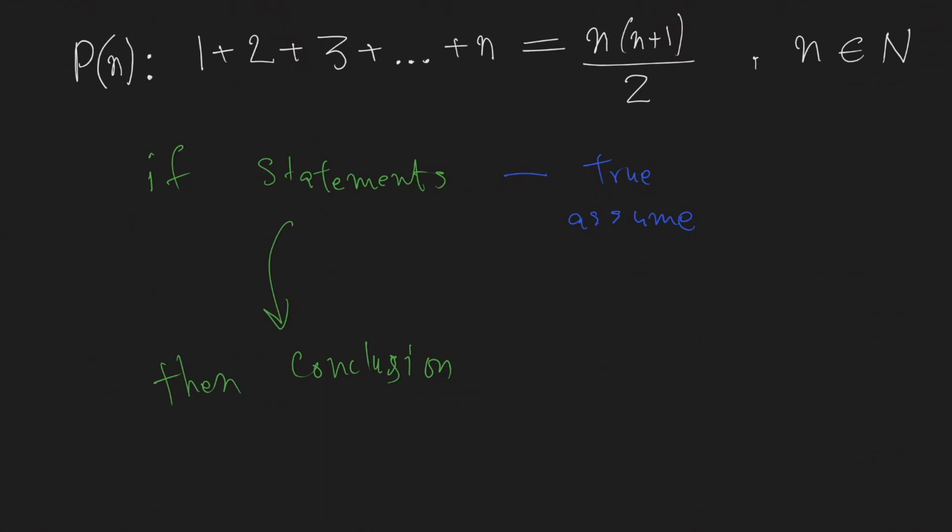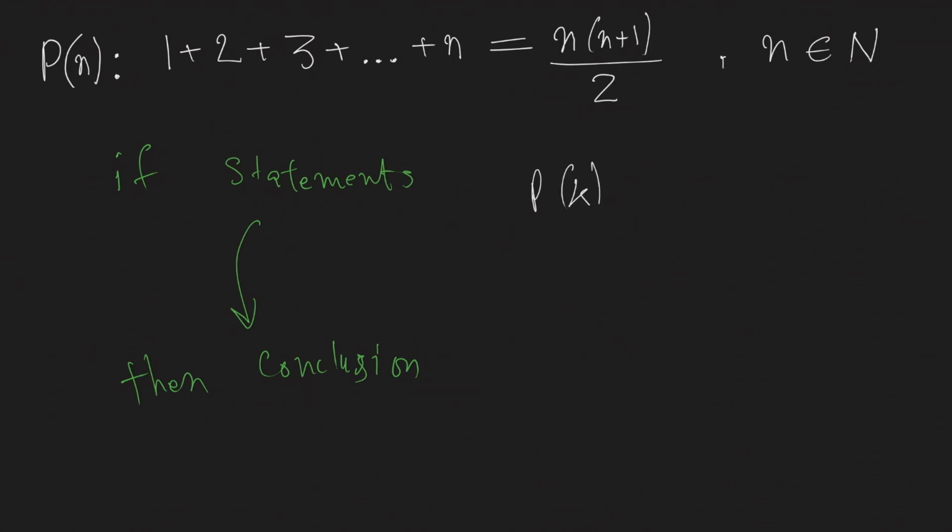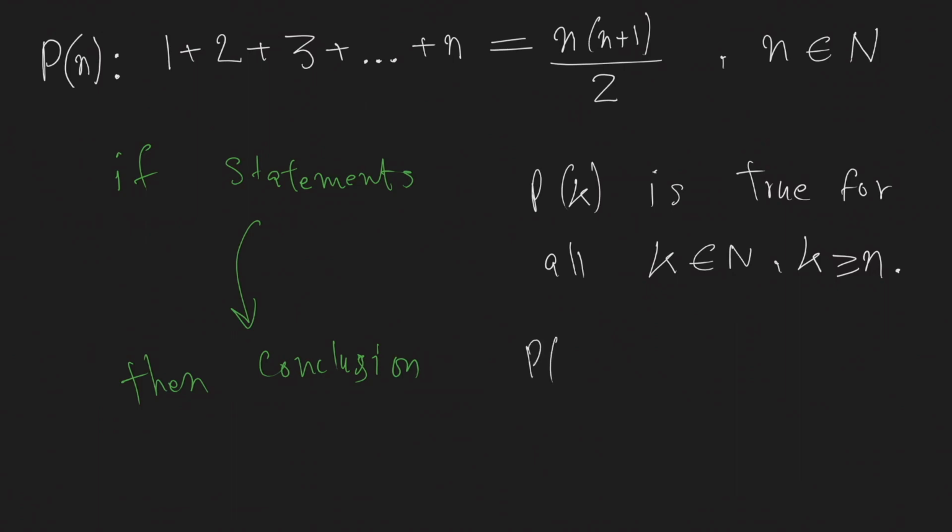So we're going to assume that a statement is true. Now what statement is that? Pk is true for all k in the set of natural numbers, and where k is greater than or equal to n. In other words, we can also write a statement like this.